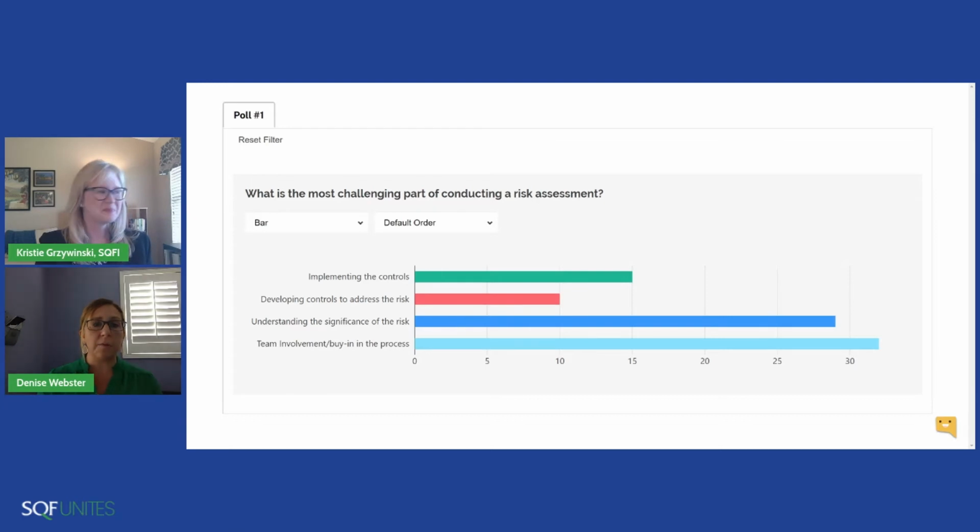So for team involvement and buy-in, start small and start building it out. We're not successful when we're overwhelmed with a lot of information. So maybe have core working groups on particular risks that are of significance in your organization. We really want to break it down, have different members involved, get their buy-in.